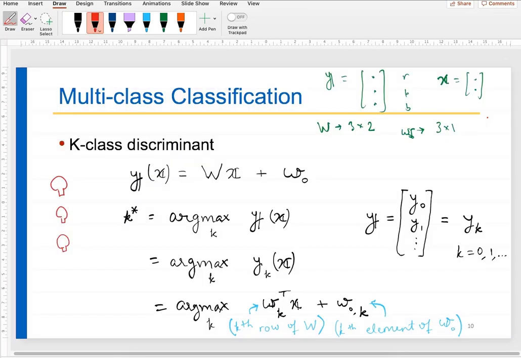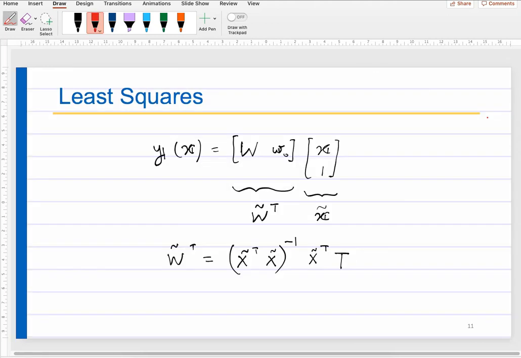How do we train the weights? You can use a loss function called the squared error loss, or least squares. Basically, the squared error loss is your target value t with respect to x minus y with respect to x.